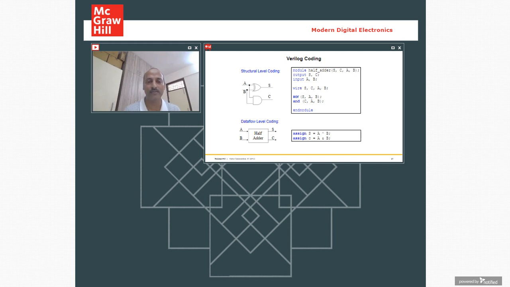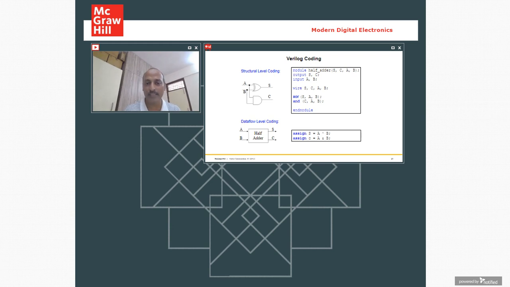Then you do the XOR and AND operations to generate the sum and carry outputs, and then you write endmodule. In general, your file starts with module and termination is with endmodule. This is the generalized structure of your Verilog code.